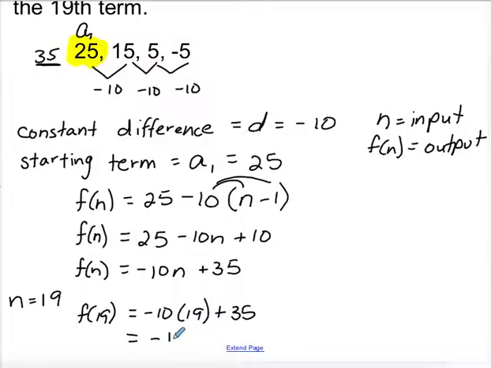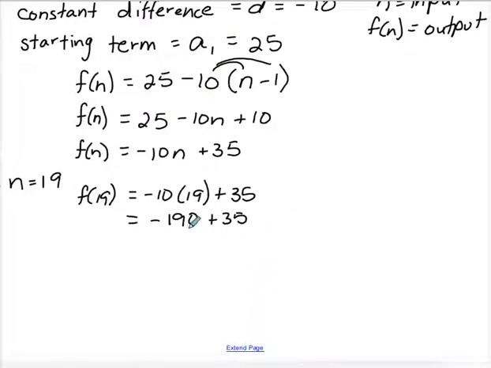So that would be -190 plus 35. So I'm going to find the difference between -190 and 35, which is -155. And so there is a point along this arithmetic sequence, the 19th term, in fact, where we will get out the value -155.